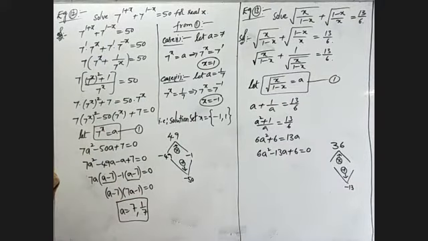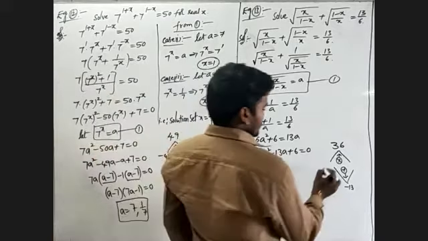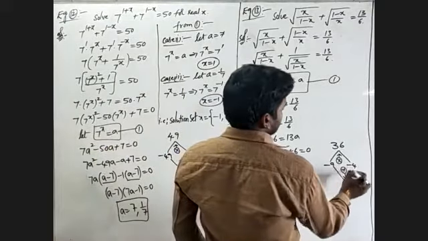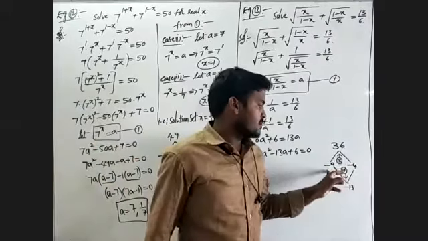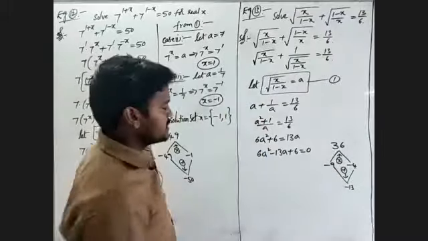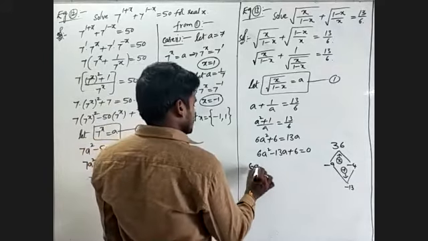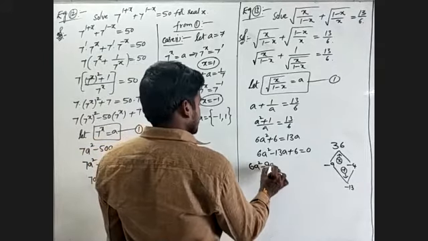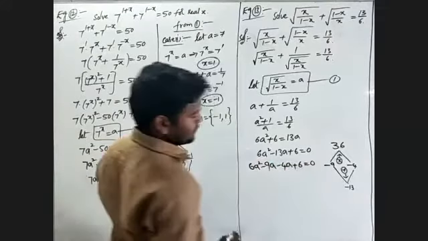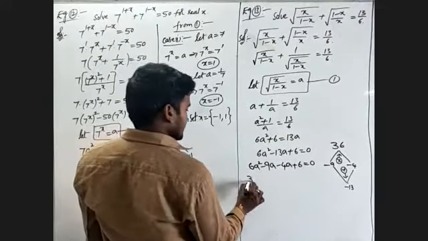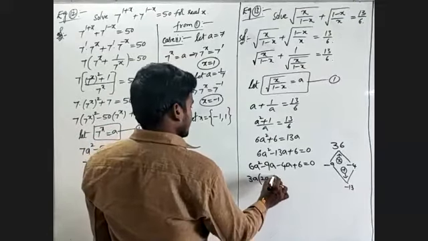What values should we take? I will take minus 9 and minus 4. Minus into minus becomes plus, 9 times 4 is 36, and minus 9 minus 4 is minus 13. That is 6a square minus 9a minus 4a plus 6 is equal to 0. I will take 3a common, and the remaining is 2a minus 3.